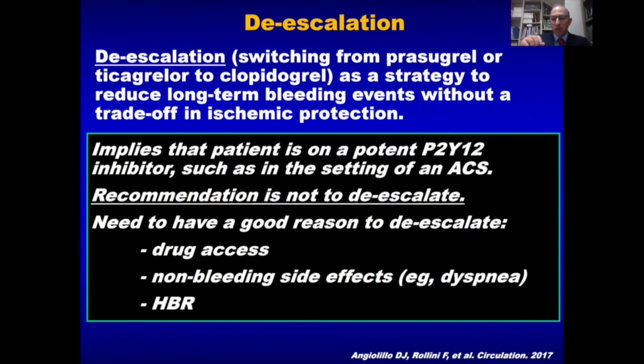And this could be due to drug access or due to non-bleeding side effects, for example, dyspnea if the patient's on ticagrelor. But for the most part, we also can consider prasugrel in some of these patients if there isn't a contraindication. So truly the reason to de-escalate in these patients is if you really have an individual who's also at high risk for bleeding complications, an HBR patient.